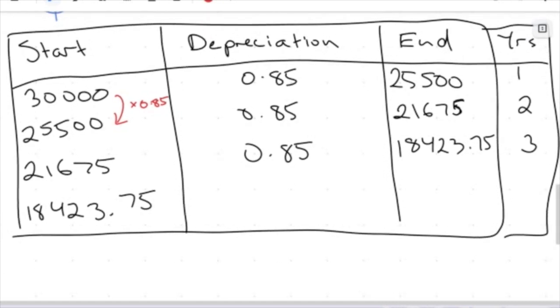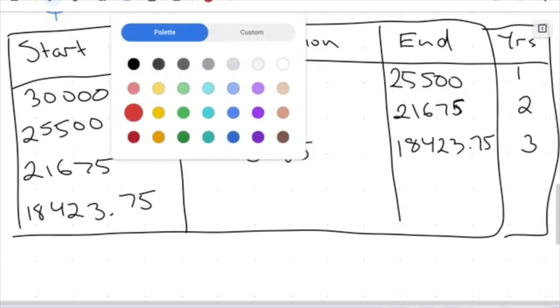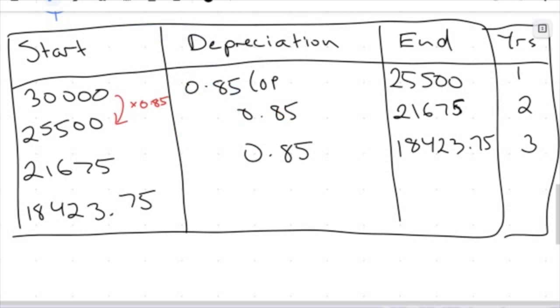Now, it's important to note as well, the 0.85 was just, let me put it in brackets here, I'll write 100%, which is my original price, minus my 15%.